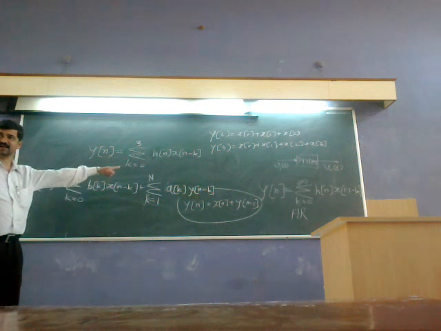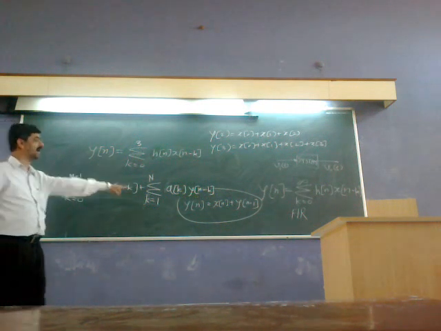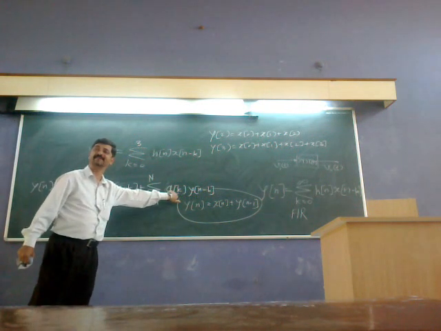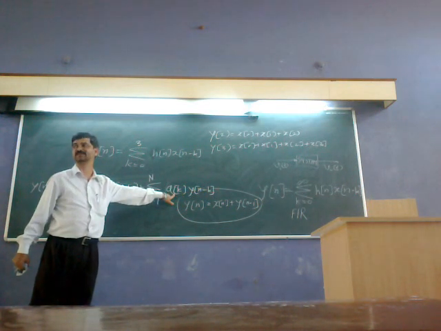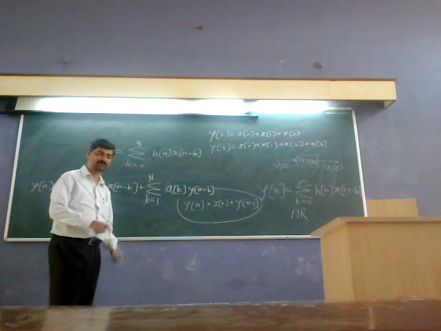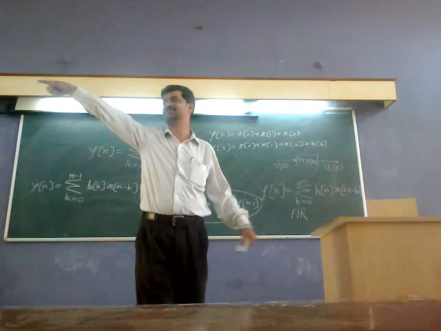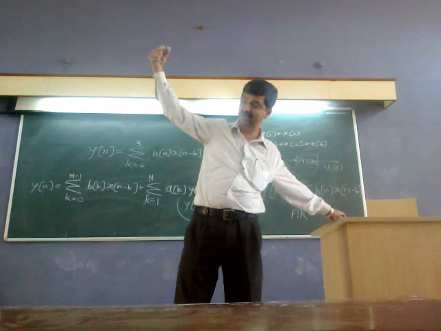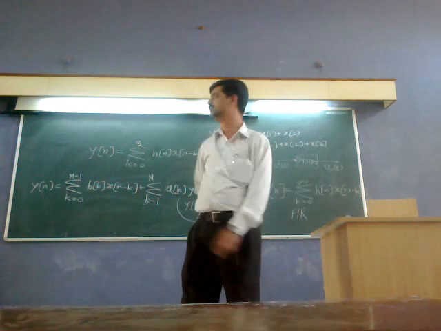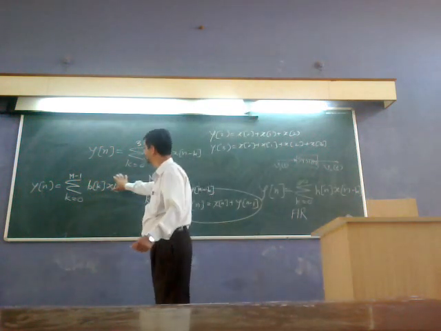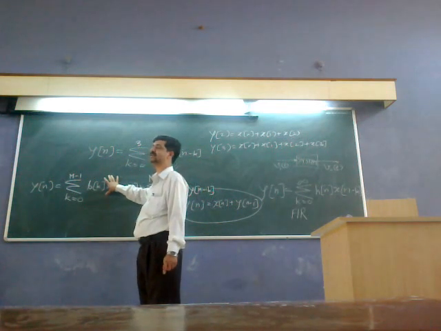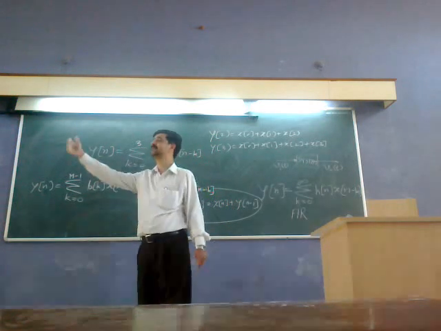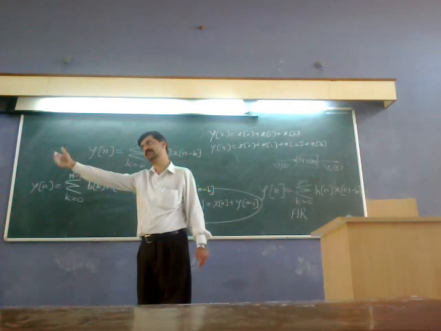When I have at least one non-zero ak, then my system is an infinite impulse response system, IIR. Its output depends on all previous inputs, directly or indirectly. If all aks are 0, then my system is a finite impulse response system, which depends on inputs only up to a window.